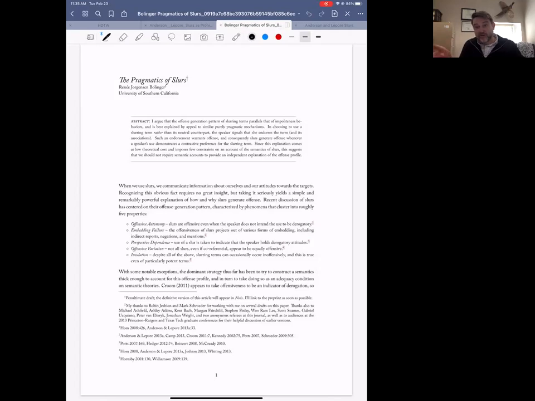We know that people draw offense from these words. So choosing to use the slur instead of the neutral counterpart in some way generates offense because a speaker has demonstrated that they prefer to use this offensive word rather than this unoffensive word to refer to this group.